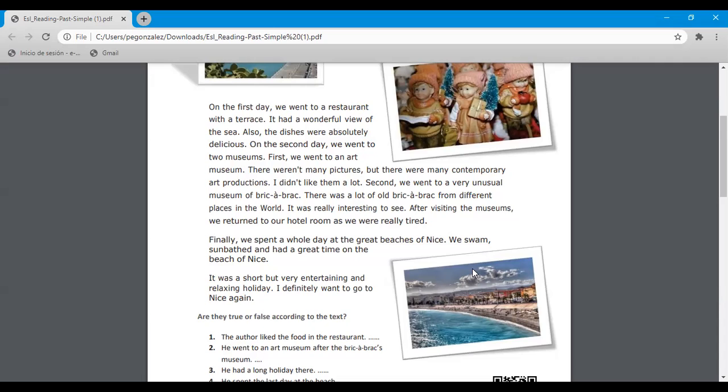True, yes, it's true, excellent. What about number two? He went to an art museum after the bric-a-brac museum. False, right? Because he first went to the museum and then to the bric-a-brac museum.